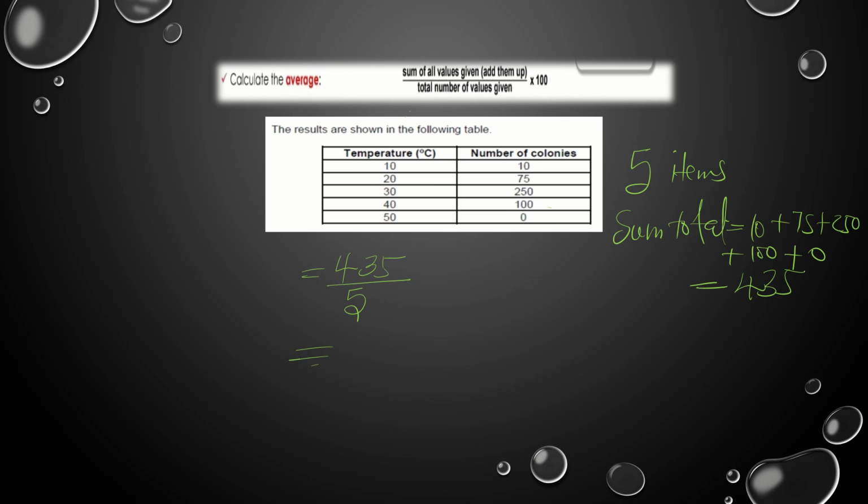Then you get the answer. 435 divided by 5, you get 87. 87, this is the average. 87 colonies. This is the average. Always include SI units.